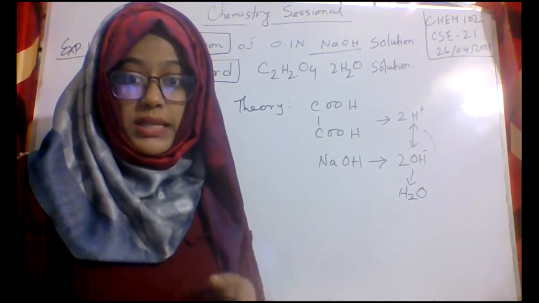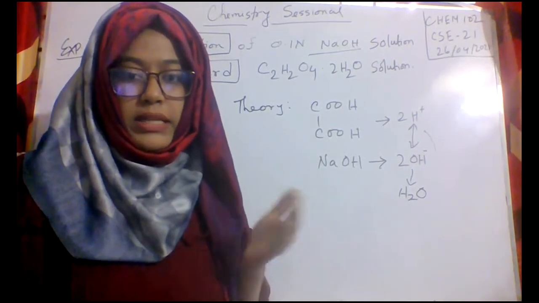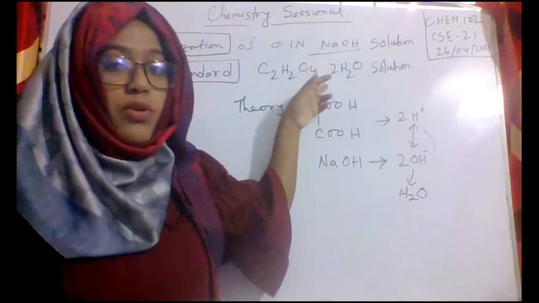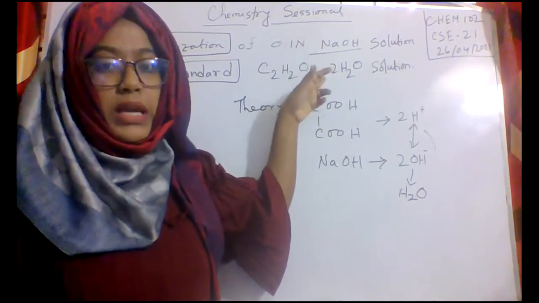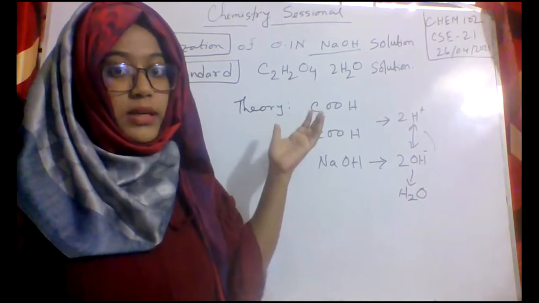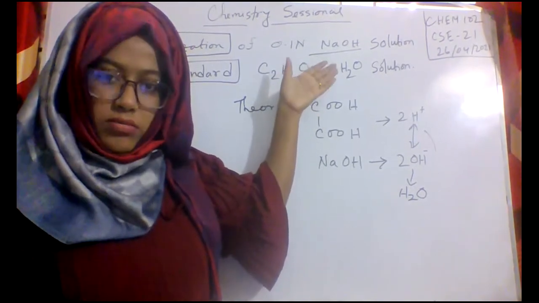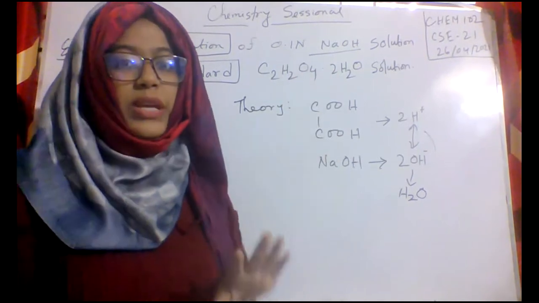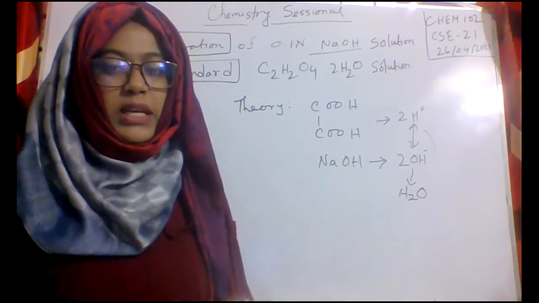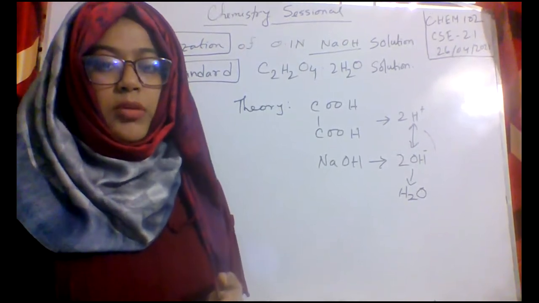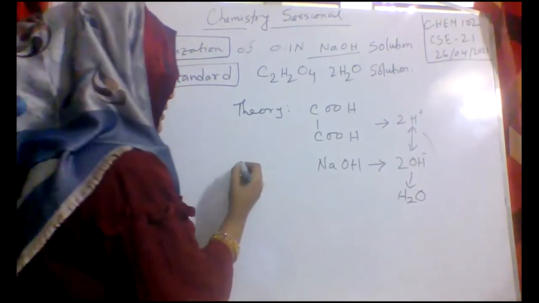Since it gets activated in basic solution, that's why you can use it in strong base versus weak acid. But if it is a weak base in some experiment, then we cannot use phenolphthalein perfectly, because it will not activate properly.